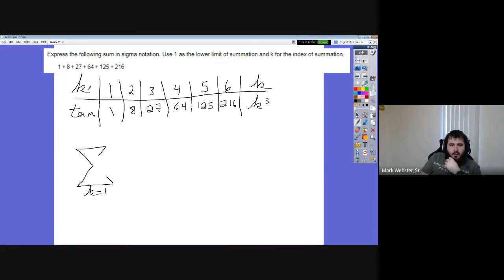And then how many terms are there? 1, 2, 3, 4, 5, 6 terms. So from 1 to 6. And each term is the index cubed. And so this right here is our summation.